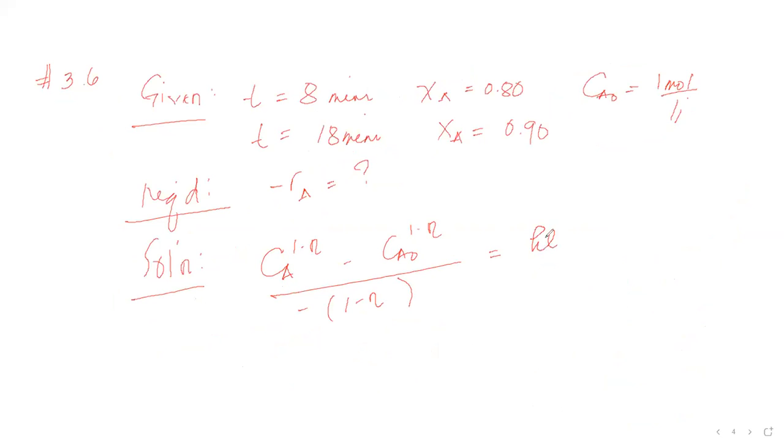If you want to determine the n by trial and error, as I mentioned last meeting, the rate constants for the two sets of values should be the same. So your K is equal to CA raised to 1 minus n minus CAO raised to 1 minus n, all over n minus 1 times the time.